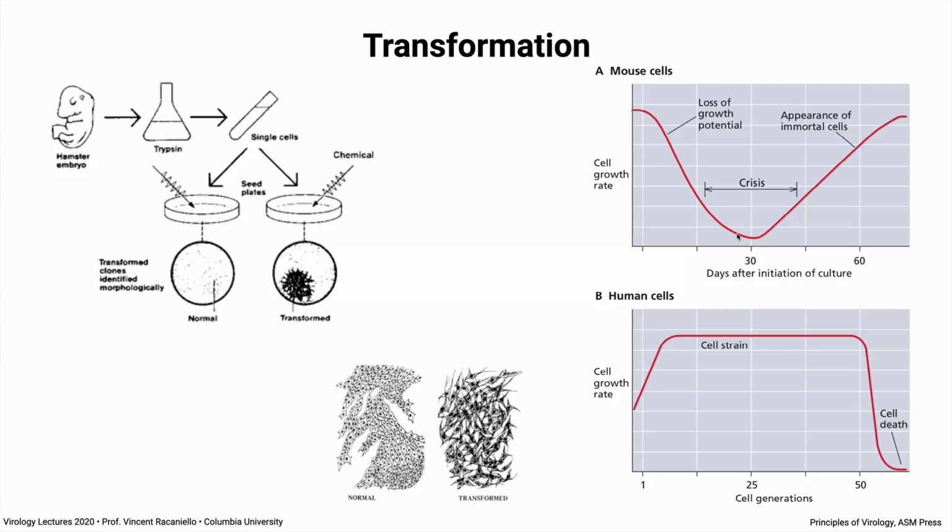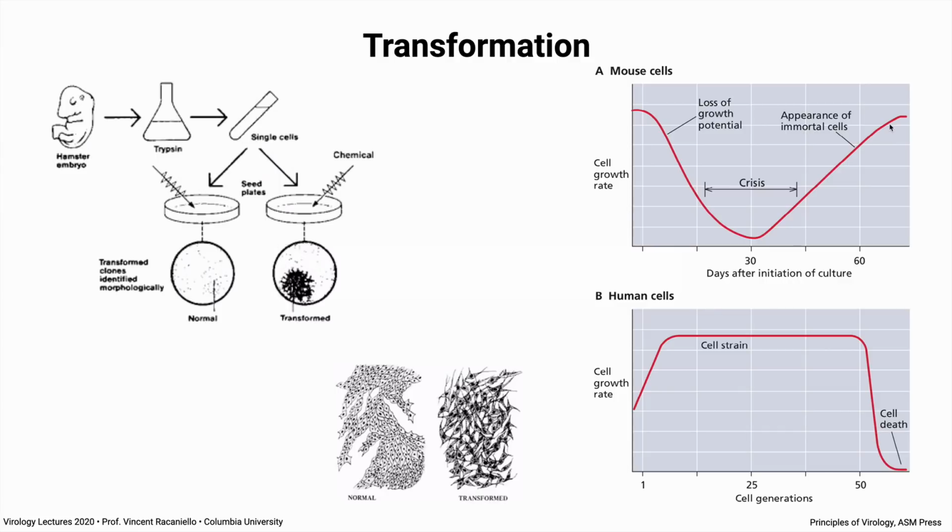So on this decreasing curve, the cells are dying. And then a few cells remaining will grow, populate the culture, and those cells are immortal. And they're transformed just like the hamster cells were that we treated with a mutagen.